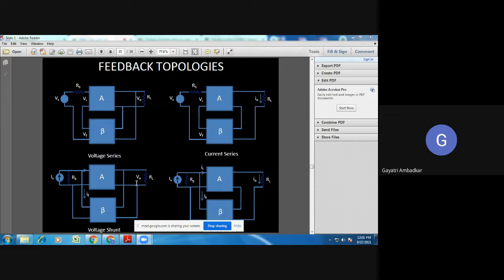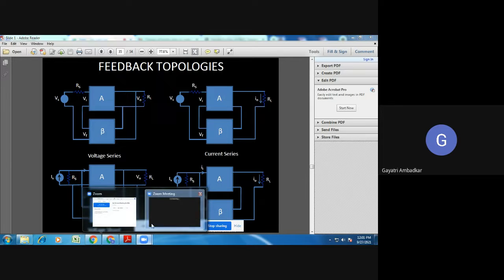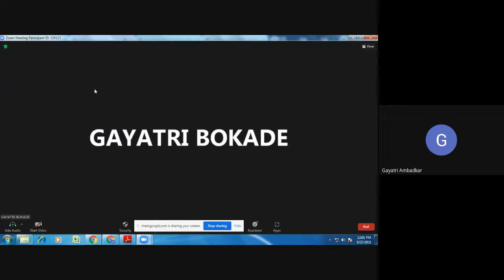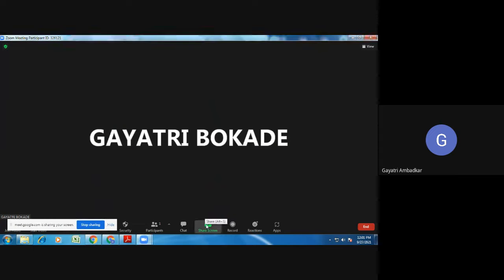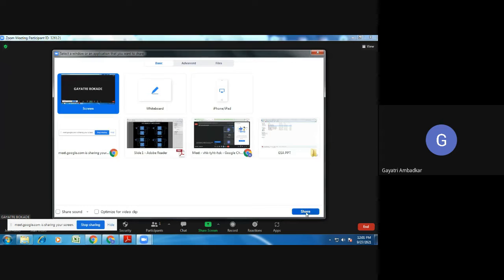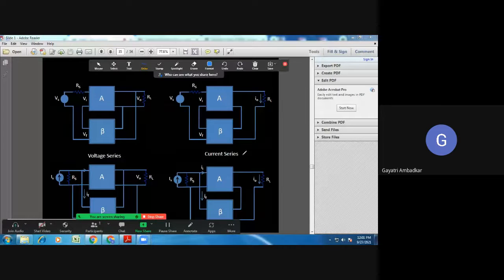If we want to sample current, you have to connect the amplifier's output and beta network in series. So you can form such a loop.